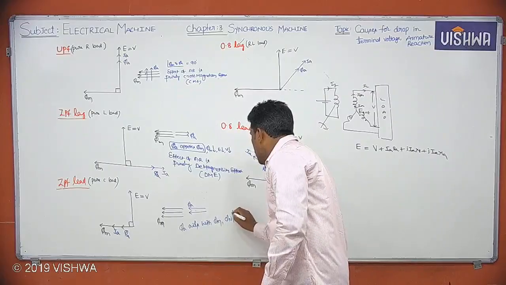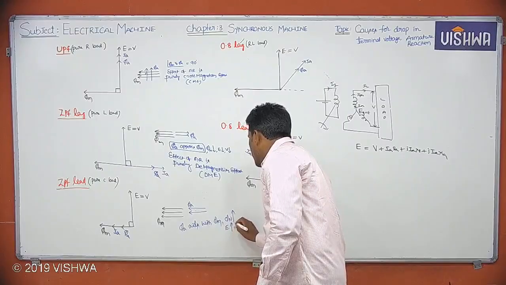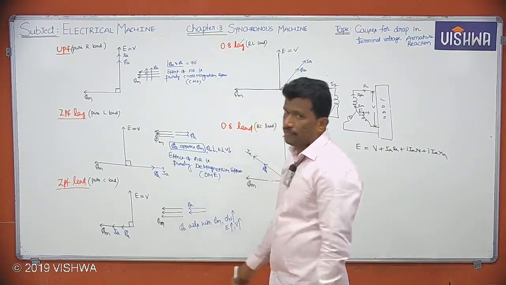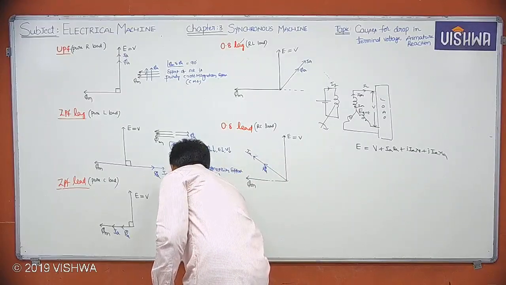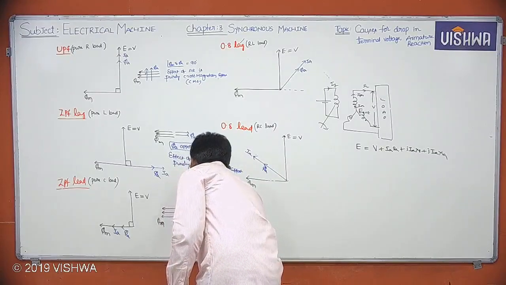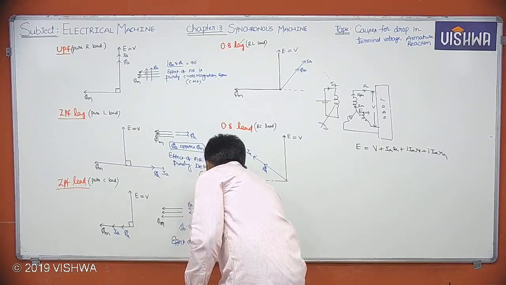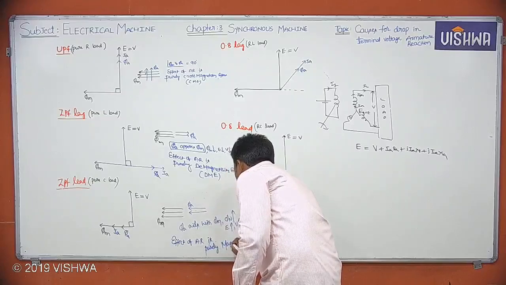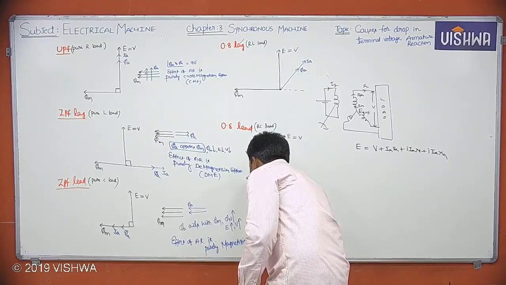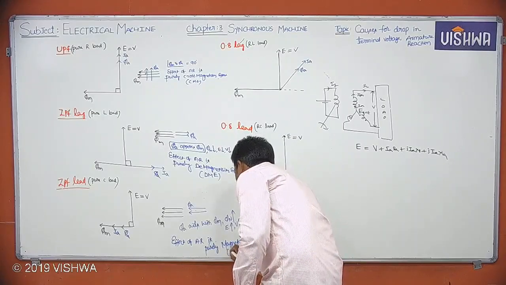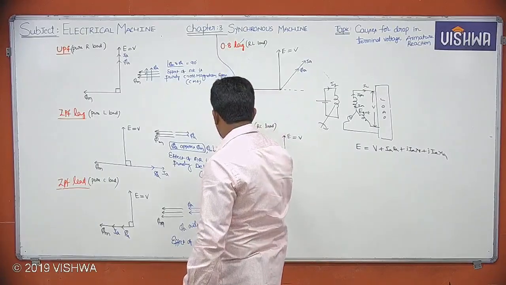Net flux will increase. What will happen to your E value? E value will increase. What will happen to load voltage? Will increase. The effect of armature reaction is purely magnetizing effect. So let me call magnetizing effect simply as ME. Okay, is this clear? Right.